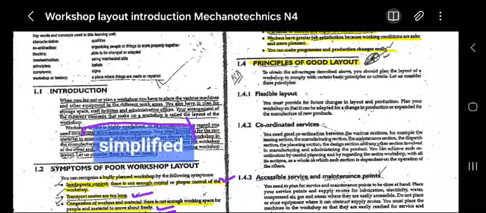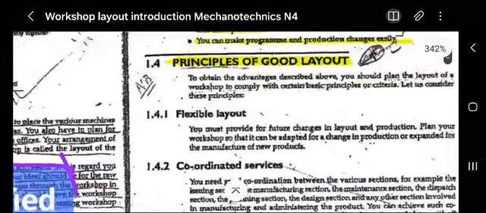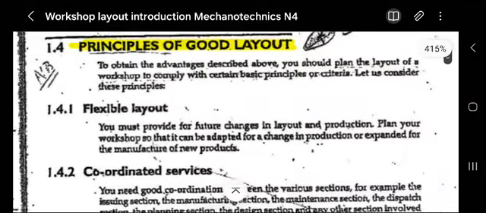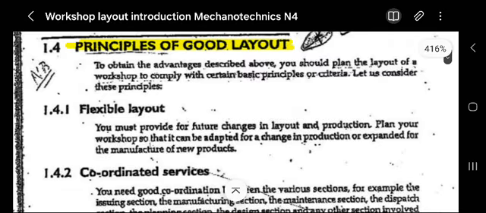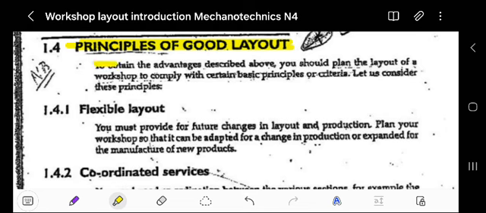Let me try and zoom in here. I have some nice things here to discuss. Principles of layouts. To obtain the advantage described above, you should plan the layout of a workshop to comply with certain basic principles or criteria. Let us consider the following principles.